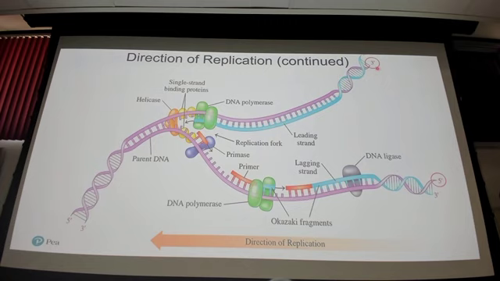Now with the lagging strand, primase is going to add short nucleotide sequences that are going to be replaced with DNA by DNA polymerase, and then the ligase is going to connect them in the 5' to 3' direction. So the Okazaki fragments are only on the lagging strand? Yes, the Okazaki fragment is only on the lagging strand.